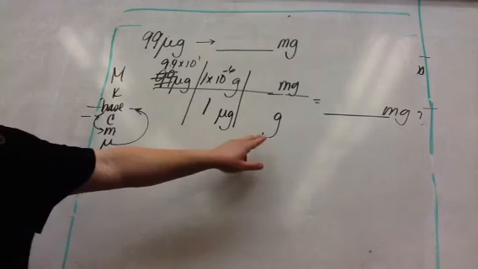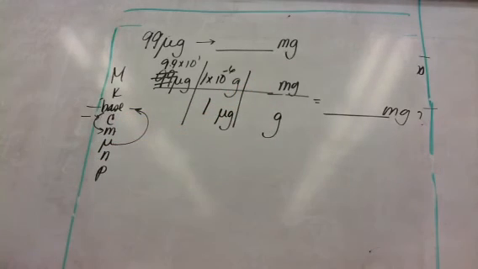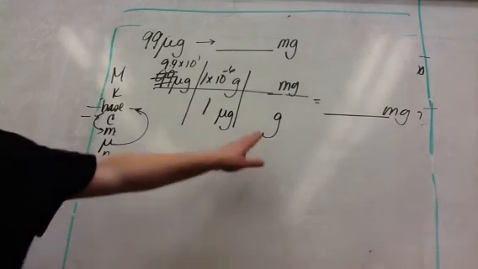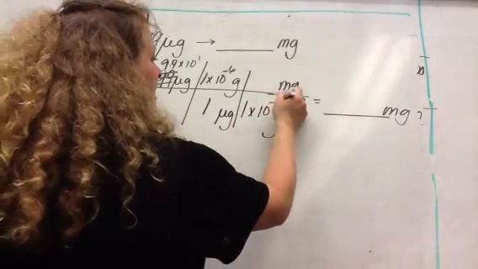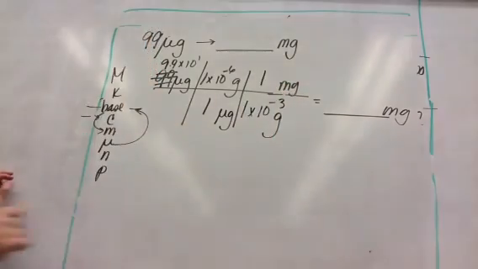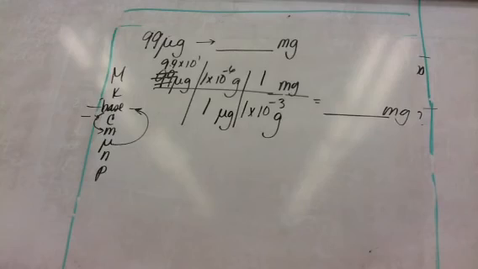What's the relationship between grams and milligrams in power of 10? 10 to the negative third. And where's the power of 10 going to go, Haley? Always with the base unit. So it's going to go with the grams. So 1 times 10 to the negative third grams is 1 milligram.